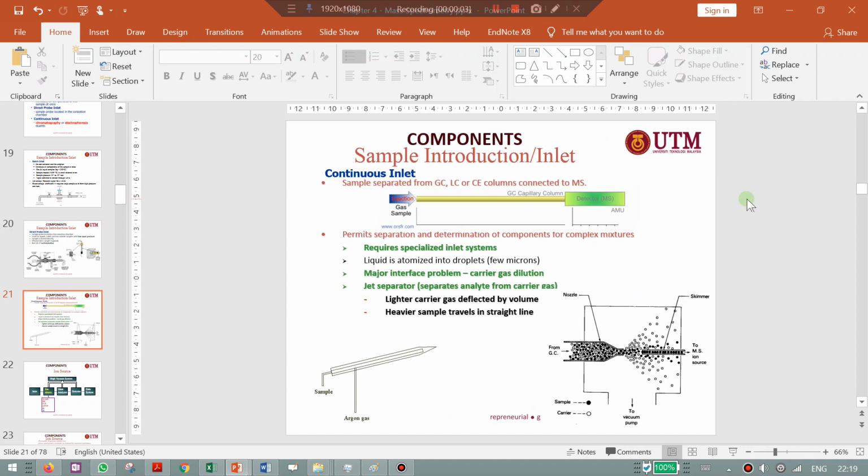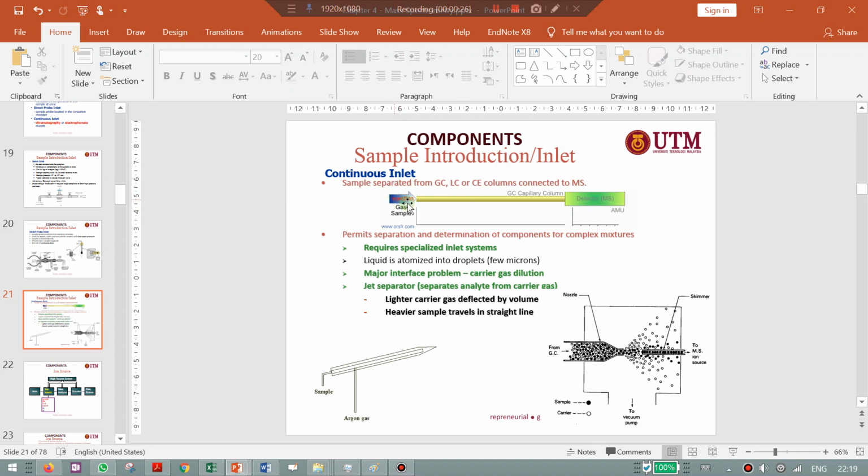Alright, the next inlet is the continuous inlet. The sample is separated by a GC, LC or capillary electrophoresis column, which is connected to the MS. So we have the injection here. For example, here is the GC.